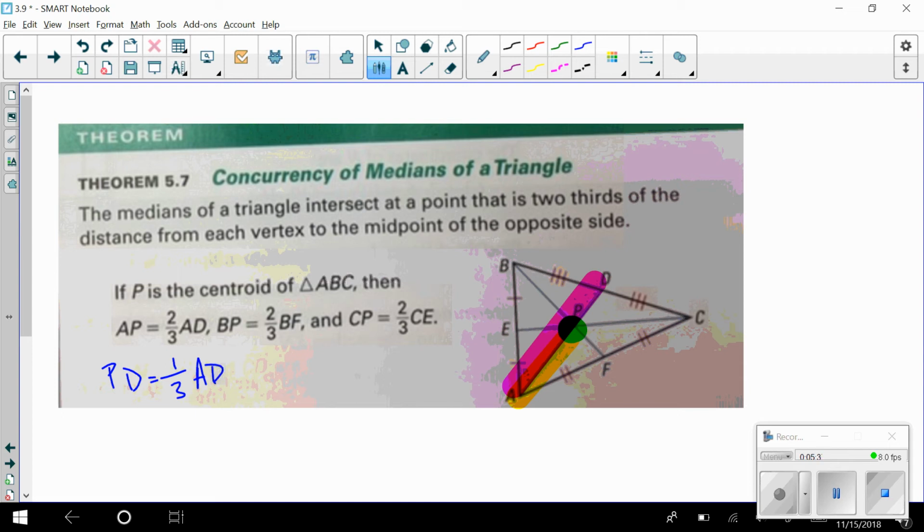Okay, so the distance from the vertex A to the centroid P, so AP, is 2 times the distance from the centroid to the midpoint.